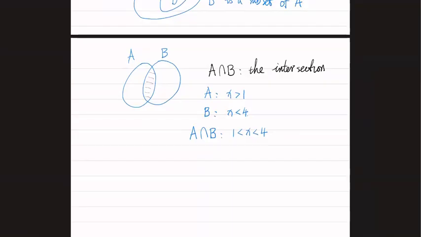Now if I change A to x greater than 4, B to x smaller than 1, what's the intersection? That's not possible. Okay, so in this case, we say the intersection is an empty set.